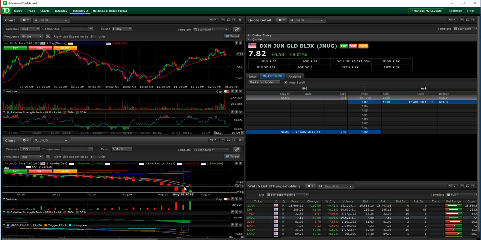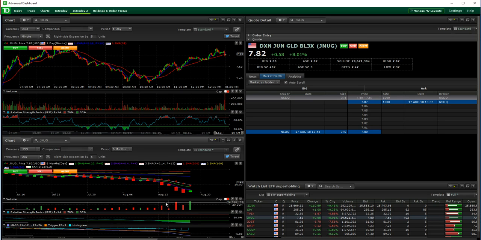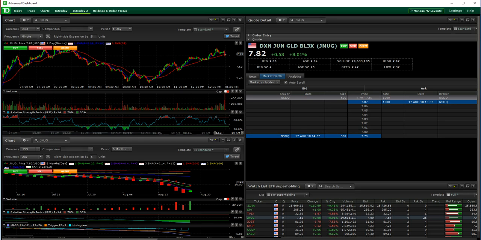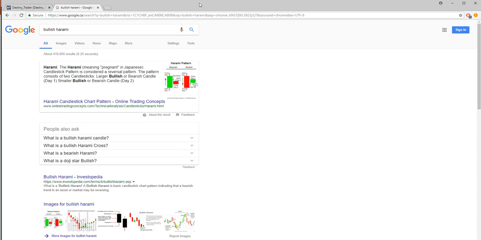Let's actually double check that pattern here. So there we go, and it is a bullish harami pattern. If you guys want a more detailed example, you can go ahead and look at Investopedia.